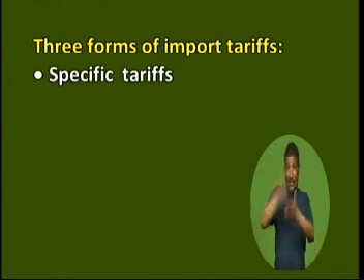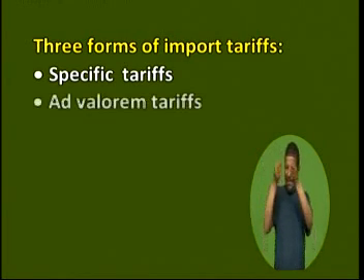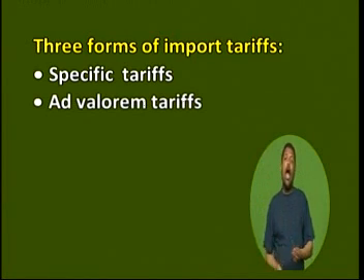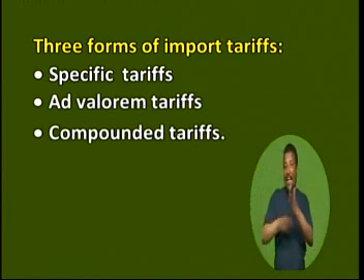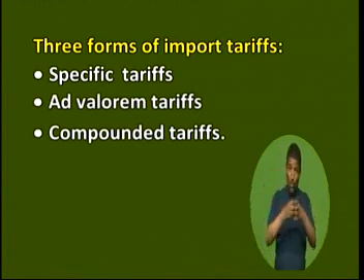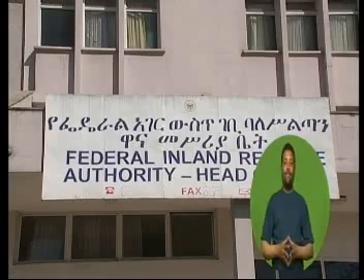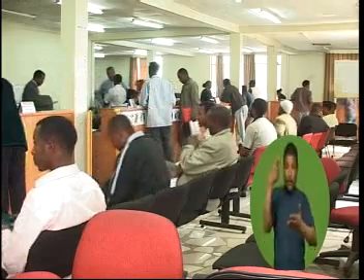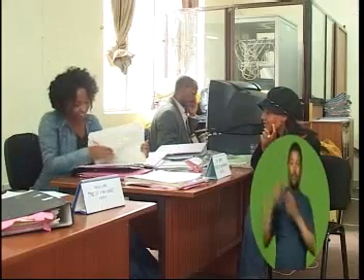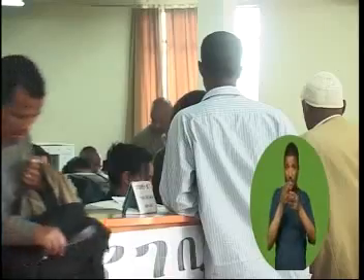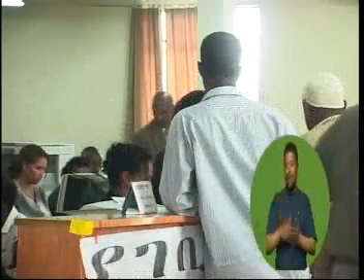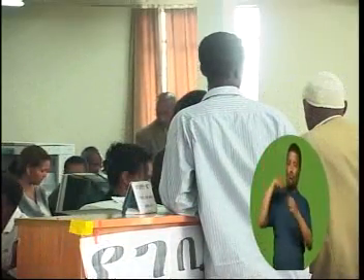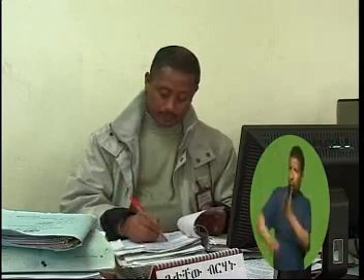These are specific tariffs, ad valorem tariffs, and compounded tariffs. In the case of Ethiopia, the Ethiopian Revenue and Customs Authority, abbreviated as ERCA, has the authority to make importers discharge their tariff obligations.